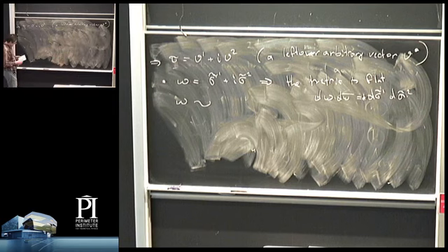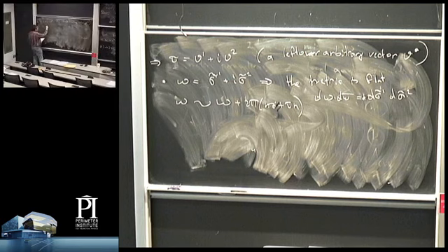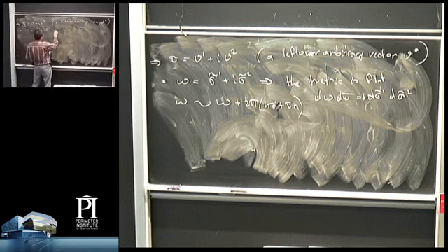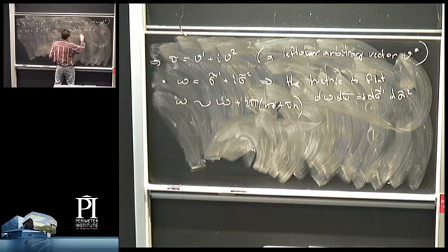So the first thing I can do, I can just introduce a complex coordinate on the worldsheet, omega, which is sigma tilde 1 plus i sigma tilde 2. Okay, and so in this complex coordinate, the metric is flat, so it's just d omega d omega bar, d sigma tilde 1, d sigma tilde 2, up to a factor 1/2 or 2.